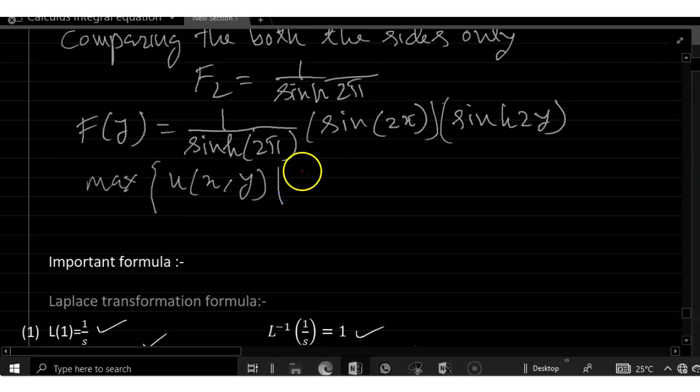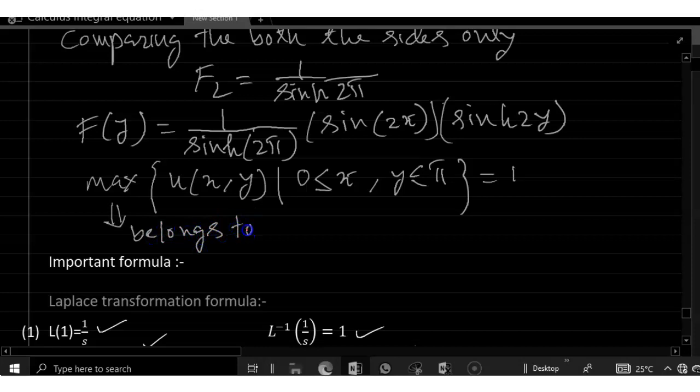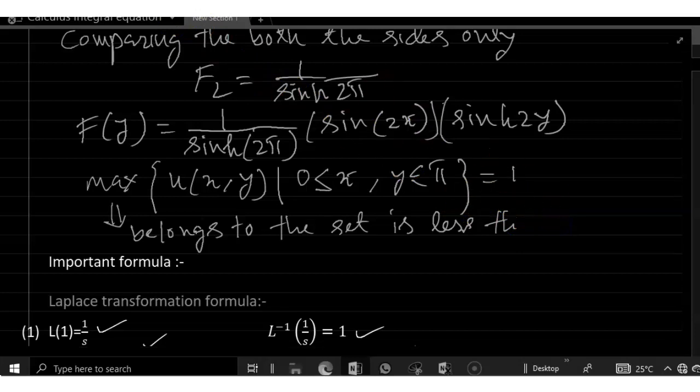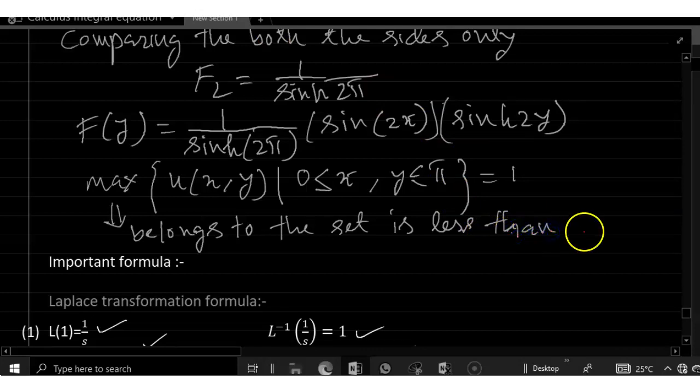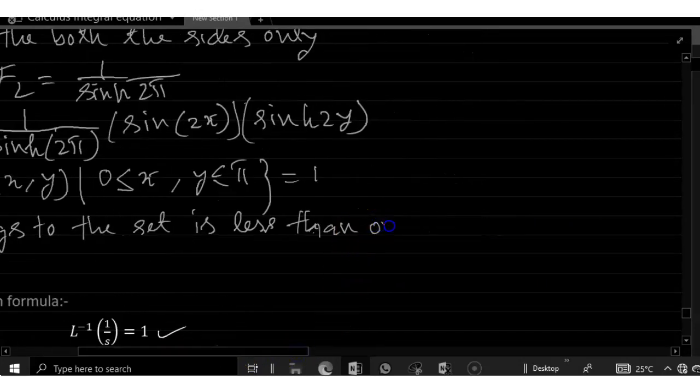The maximum of u(x, y), 0 less than or equal to x and y less than or equal to pi, equals to 1, that belongs to the set less than or equal to that value.